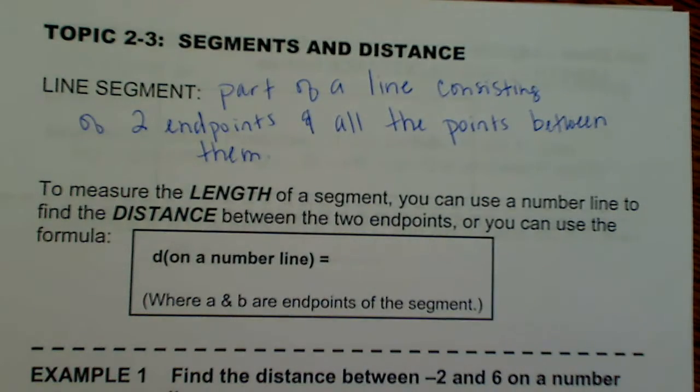Okay, so there's your definition of a line segment. We talked a little bit about that on Friday. So the line segment's a part of a line consisting of two endpoints and all the points in between them.